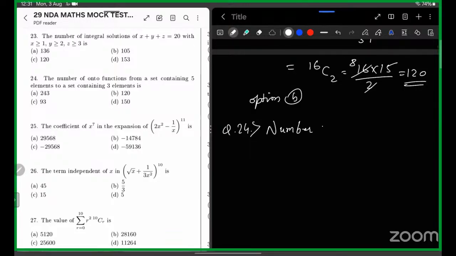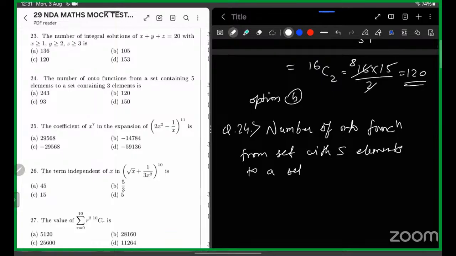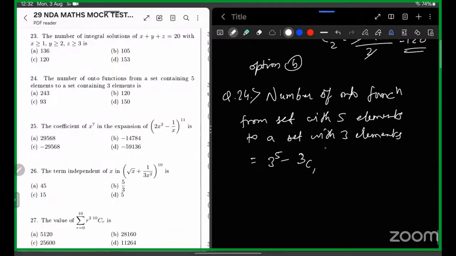Number of onto functions from a set with 5 elements to a set with 3 elements will be given by 3 raised to power 5 minus 3C1 2 raised to power 5 plus 3C2 1 raised to power 5.